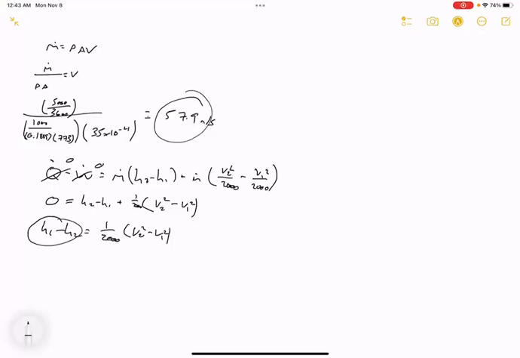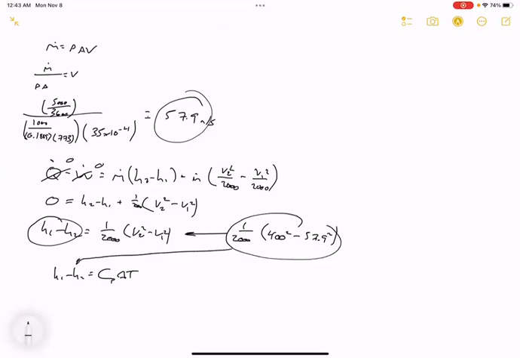Because we know that the change in enthalpy is equal to Cp delta T. If we plug in V2 and V1, so 1 over 2,000 times V2 squared minus V1 squared, and substitute all of that in here, and then divide by Cp, we can get the delta T.